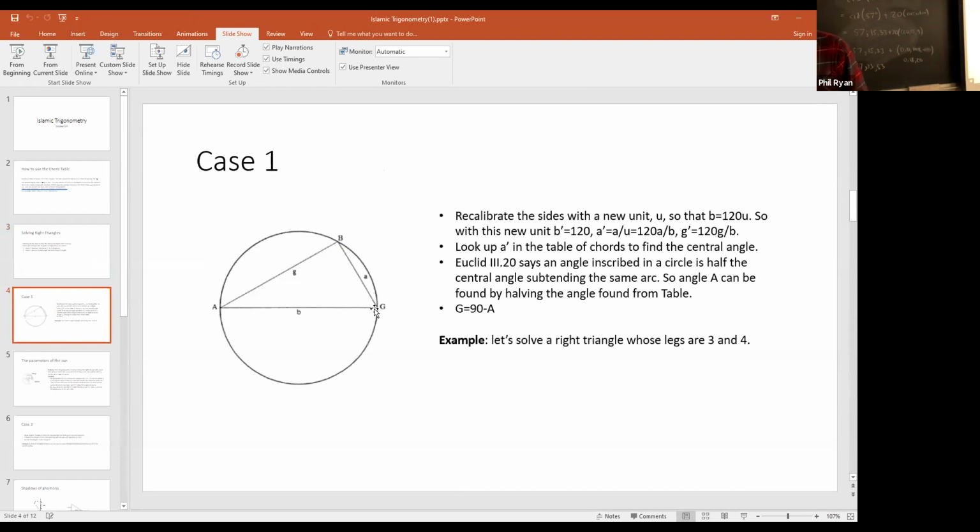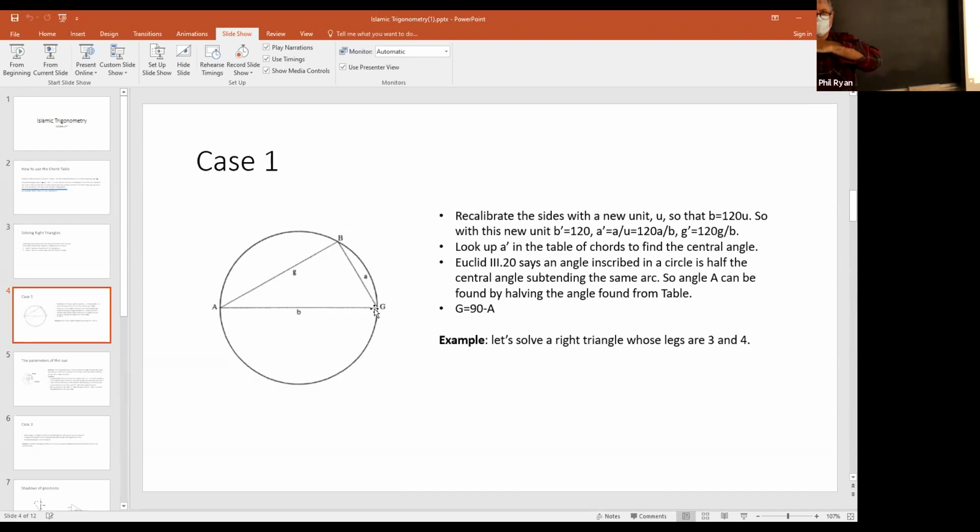Let's have a look at case one. So you're given, this is the one where you're given two sides. Okay. So what you've got to do then is you find the third side using Pythagoras' theorem, and then you recalibrate the right triangle so that the hypotenuse is of length 120.